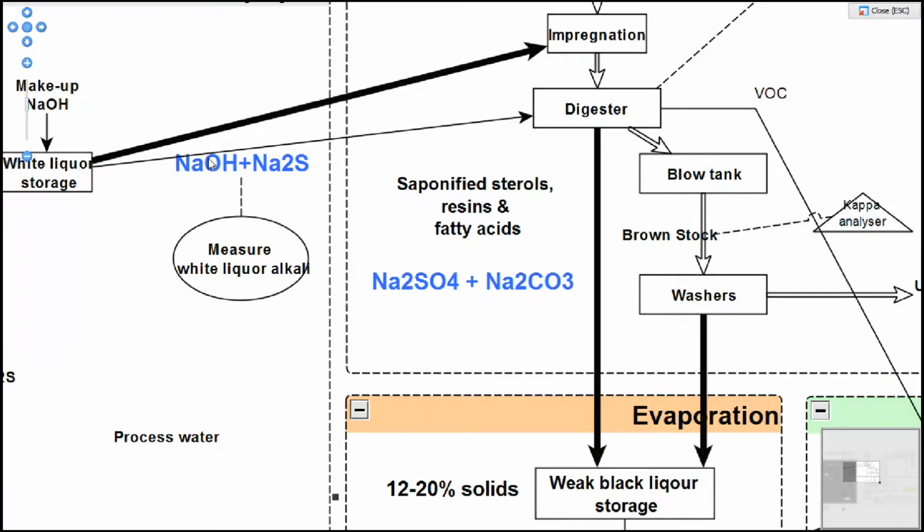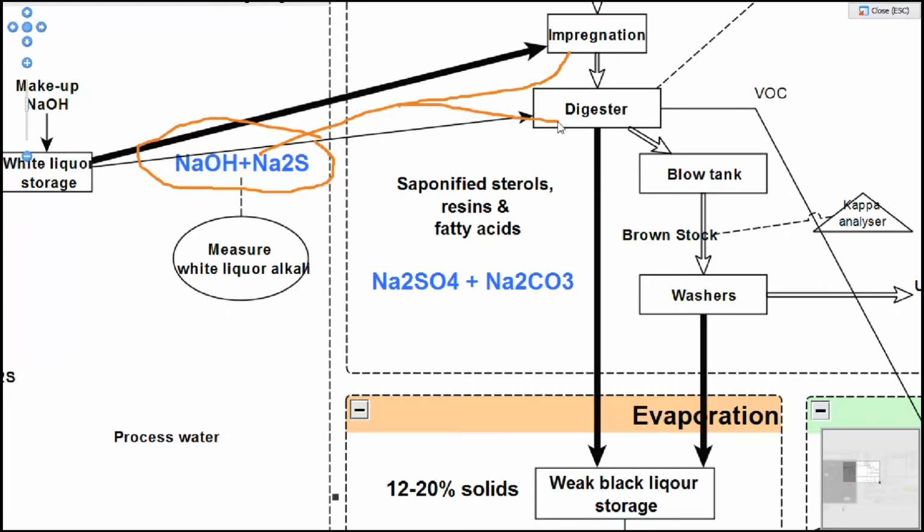The white liquor or our cooking liquor contains NaOH and Na2S, and these are added as so-called white liquor either to an impregnation vessel or to the digester directly.